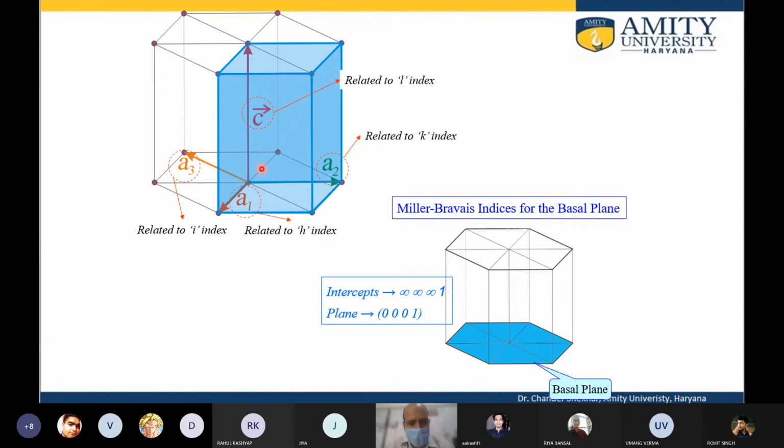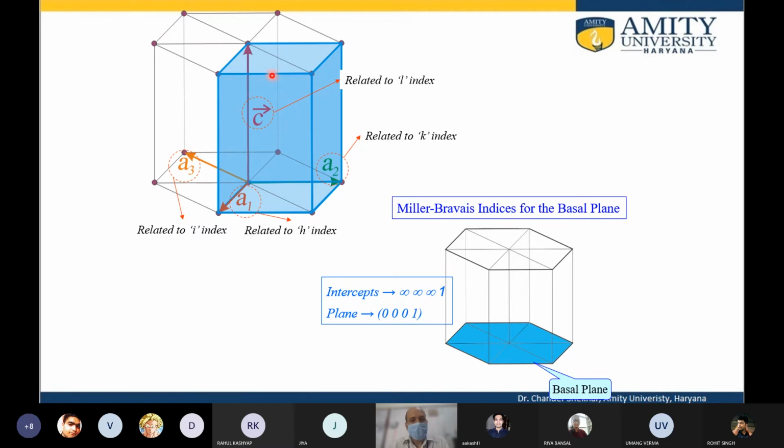If we take the hexagonal lattice as the unit cell, we need 3 vectors to define the basal plane: A1, A2, and A3. This is the basal plane here. And then to define the C, the vertical axis, a 4th index is required.